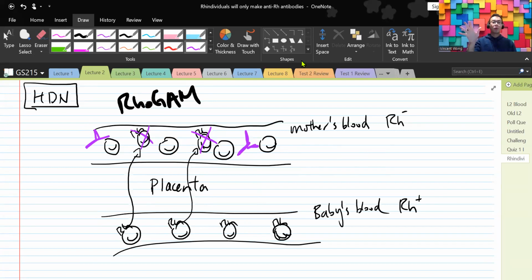So the RhoGAM will remove the Rh positive cells within the mother before her immune system is activated. The purpose of RhoGAM is to prevent sensitization. It does not reverse sensitization. It does not cure sensitization. It prevents it from happening in the first place. Does that make sense?